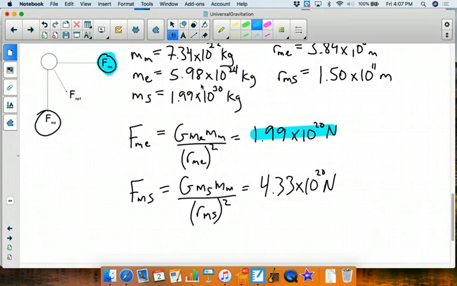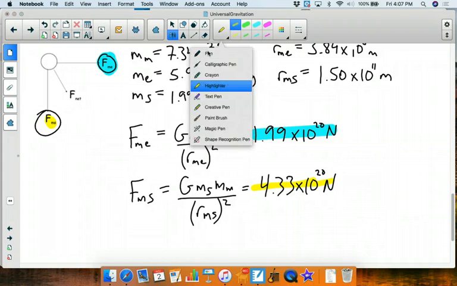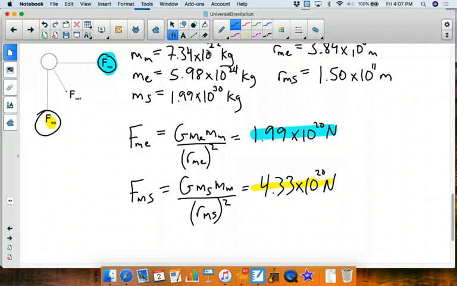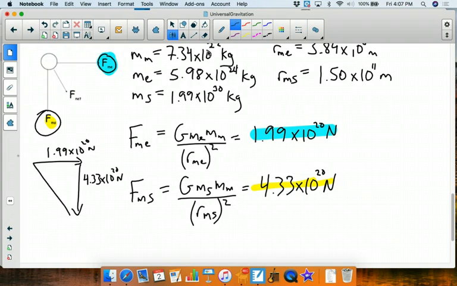So we get something like, here's our 1.99 times 10 to the 20 newtons. Okay, and here's 4.33 times 10 to the 20 newtons. So we have a vector like this at an angle theta. So this is our net force.